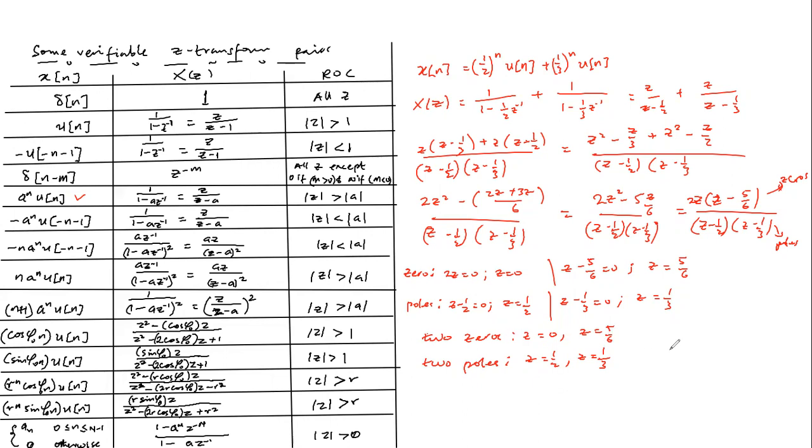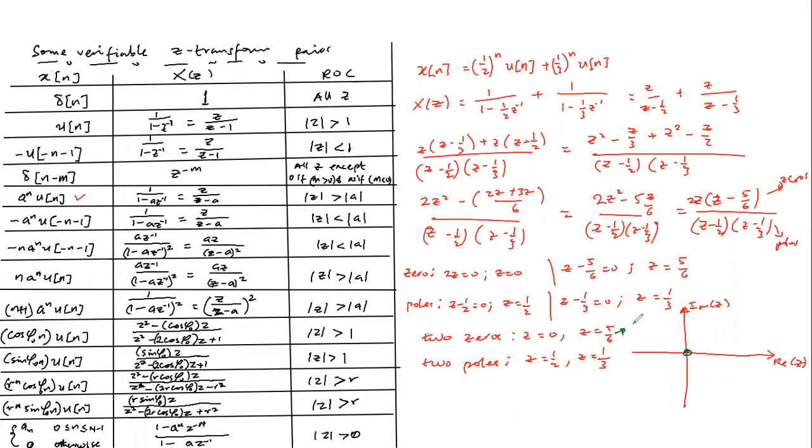Perfect. So if we draw the z plane, this is the imaginary z, this is the real z. So we have some zeros. Let's use a different color for the zeros. We have a 0 at 0 and a 0 at 5 over 6.